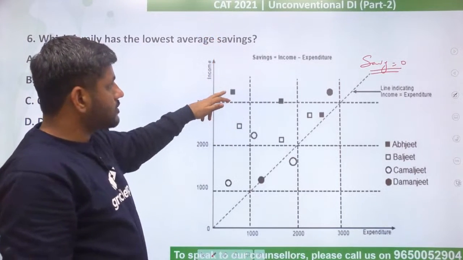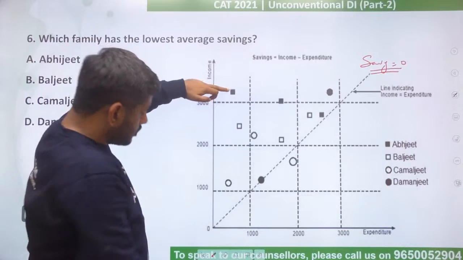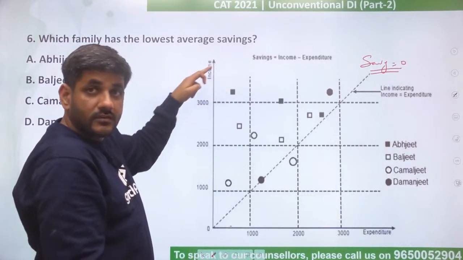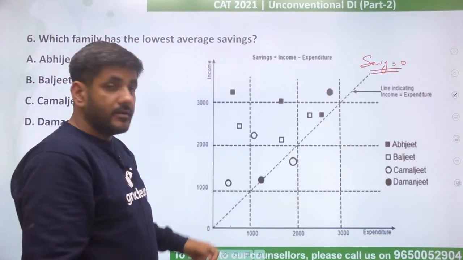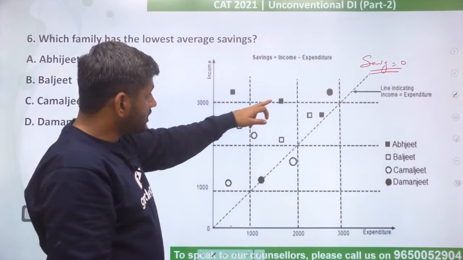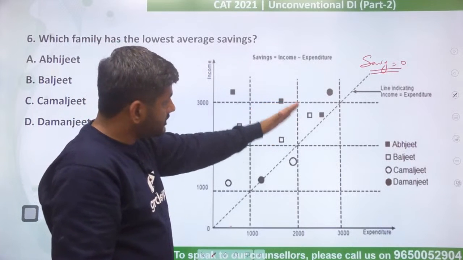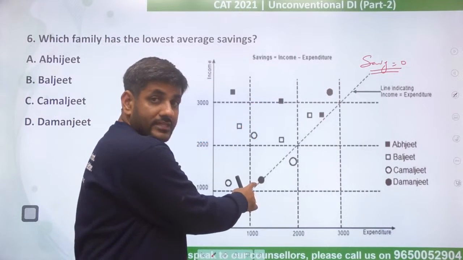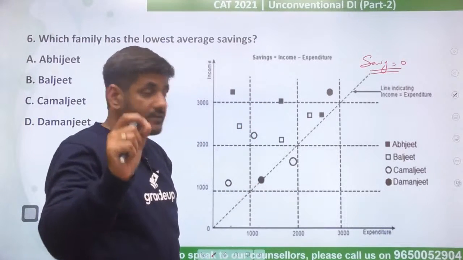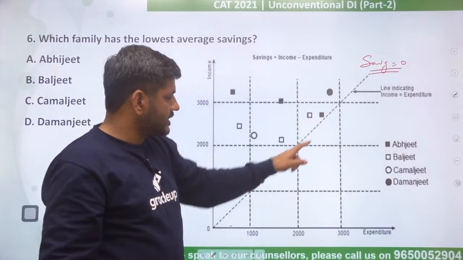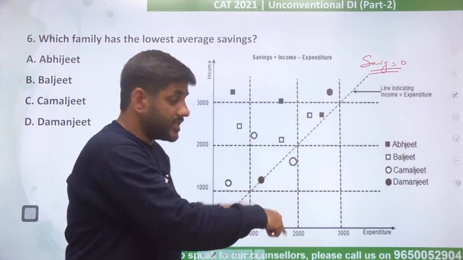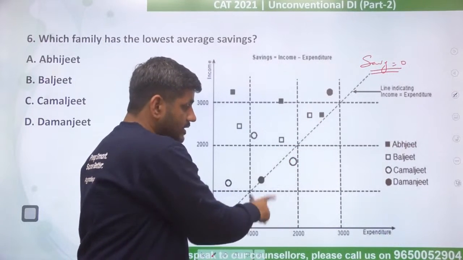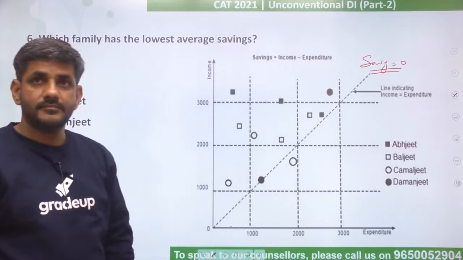For example, for this person, his income is too high and his expenditure is very less, so his saving will be very high. For this person it will again be high because he is much above this line. The person who is on this line has zero savings. This person is close to zero savings. This person has negative savings, because for him expenditure is more than the income.